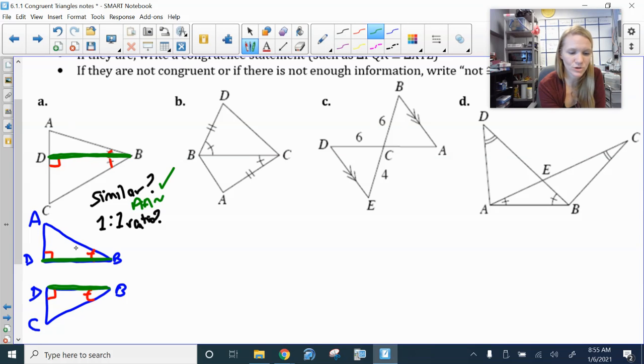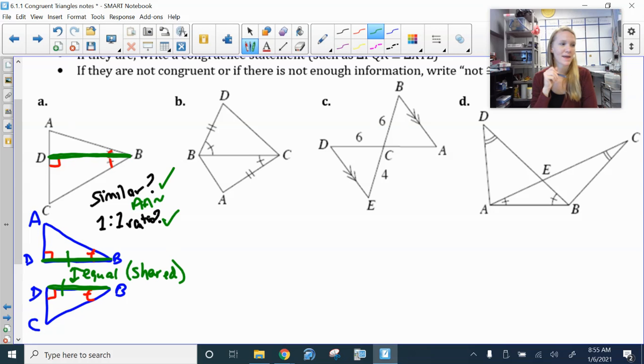Because they're both using the same side, it's equal to itself. They share that side. So that's enough to give us a 1-to-1 ratio. Because it's shared, it must be equal.